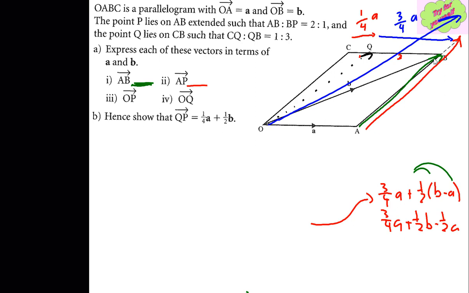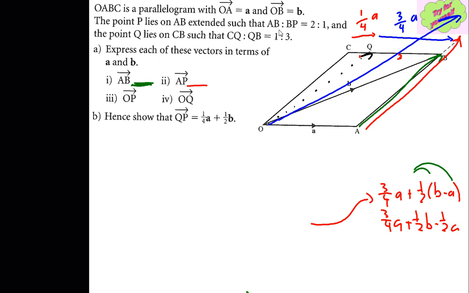So basically, the line AB is twice as long as the line BP. And the point Q lies on line CB. Here's line CB, so here's Q.